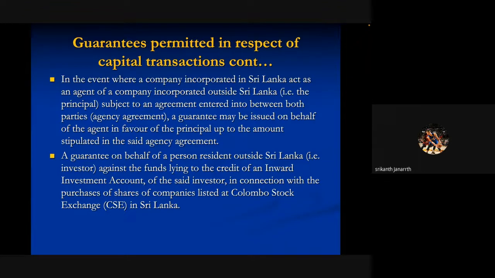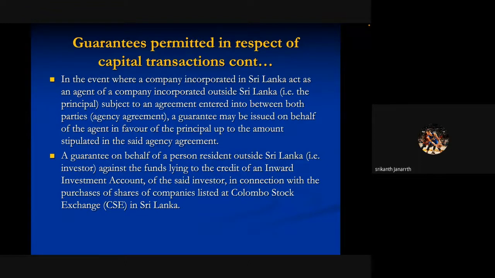Now he is asking the bank, keeping the funds, to issue a guarantee against the Colombo Stock Exchange. Sometimes this could happen if you want to buy stocks on the Colombo Stock Exchange, because a foreign investor can buy listed shares in the share market. If the foreign investor wants to buy through the Colombo Stock Exchange, it wants a bank guarantee from a local bank.